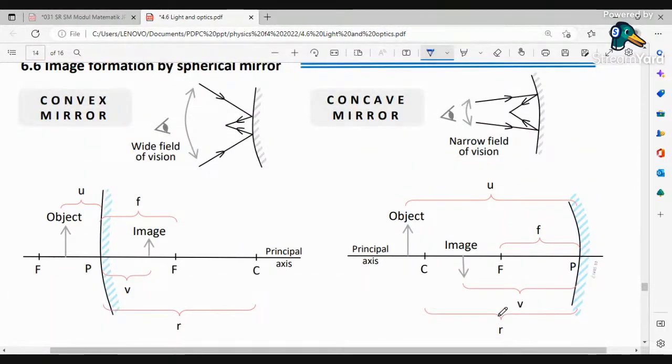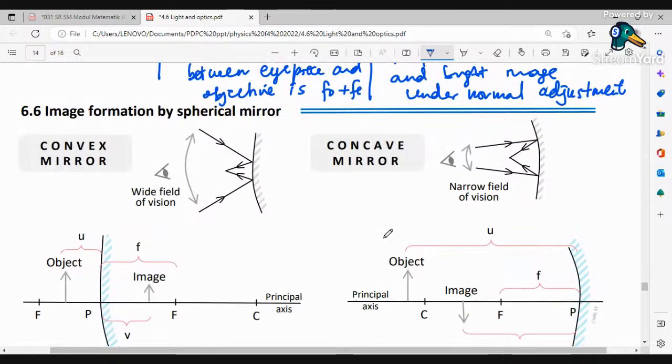Okay, so we go to the last part of this chapter 6. 6.6, image formation by spherical mirror. Okay, for lenses we have done. Now we go to mirror. Okay, as you know, mirror will apply a concept which is different from lenses.